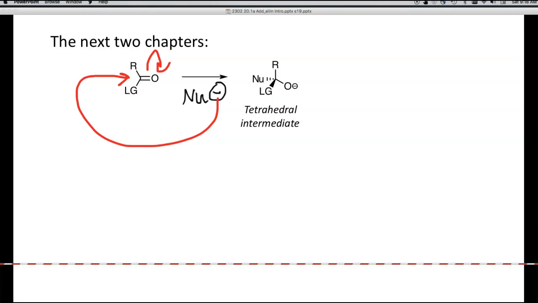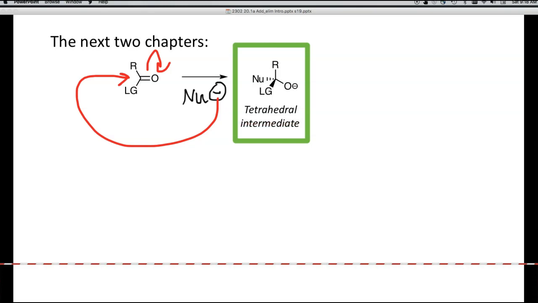This tetrahedral intermediate is kind of the be-all end-all of the next two chapters. Well, actually it's the be-all end-all in chapter 17 and 18 as well. It's just that in chapter 17 and 18 it wasn't an intermediate, it was your final product.